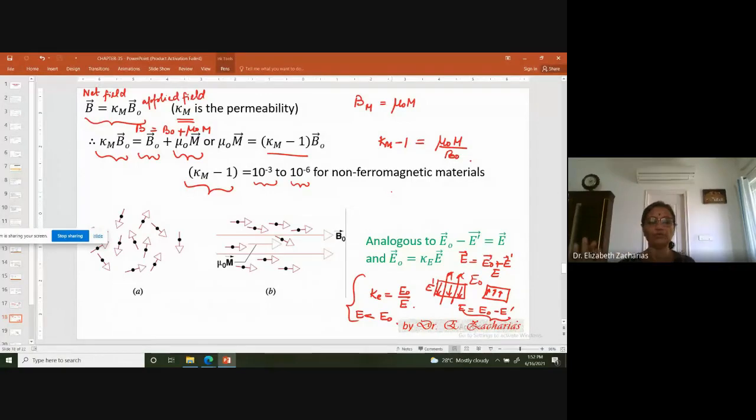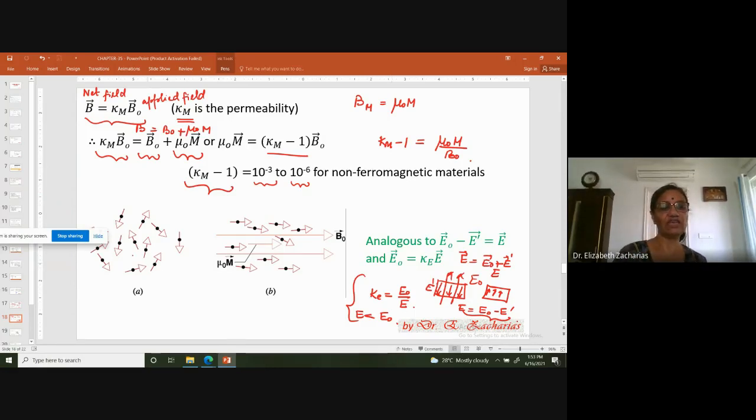It has not contributed to the magnetism at all. The applied field B naught is the field even after you put the material inside. If on the other hand it is ferromagnetic, the magnetic field will increase up to even 2000 times.